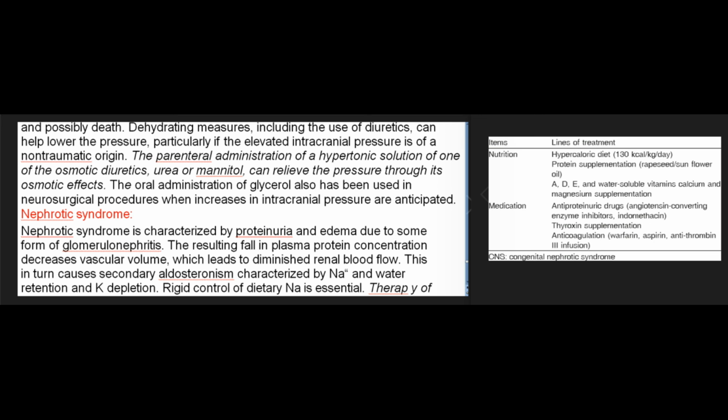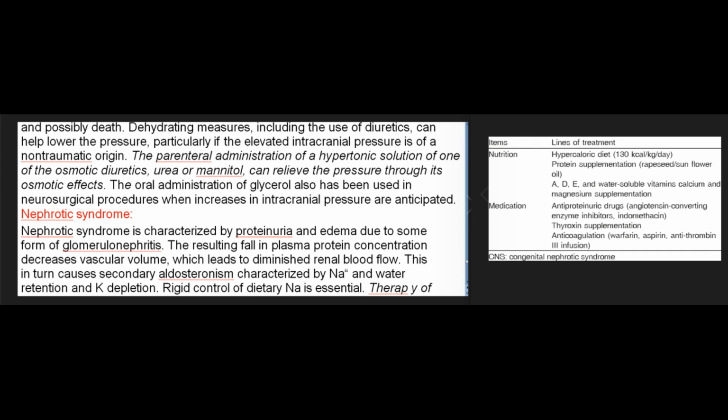The parenteral administration of a hypertonic solution of one of the osmotic diuretics, urea or mannitol, can relieve the pressure through its osmotic effects. The oral administration of glycerol also has been used in neurosurgical procedures when increases in intracranial pressure are anticipated.